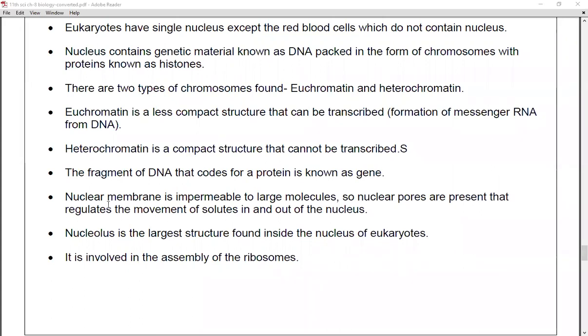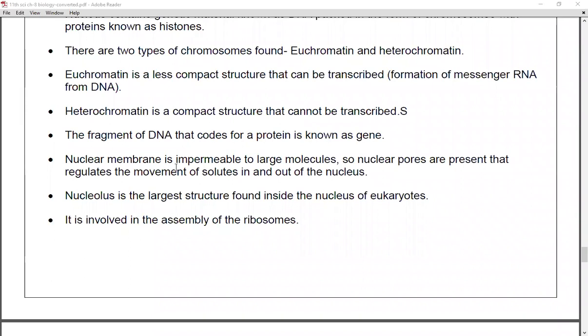There will be presence of the nuclear membrane, which is impermeable to large molecules. The nuclear pores are present that regulate the movement of solutes in and out of the nucleus, right? The nuclear membrane is the membrane enclosing the nucleus, and it is impermeable, that means it does not allow large molecules to enter inside the nucleus.